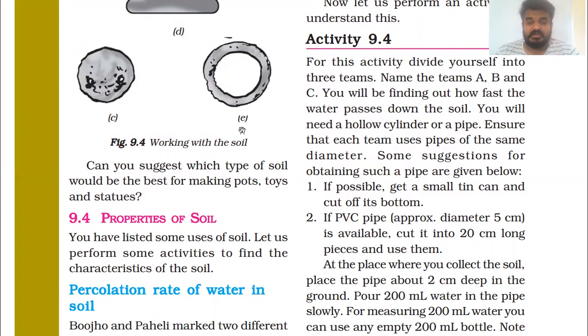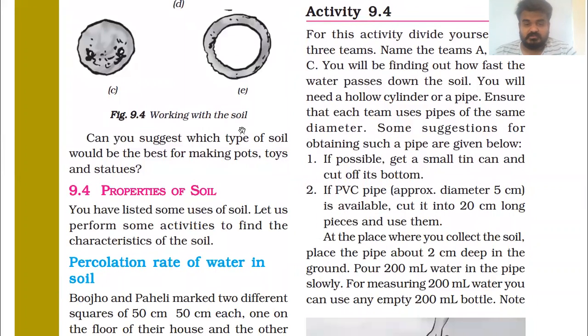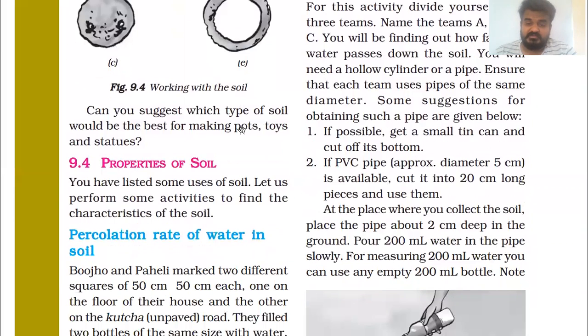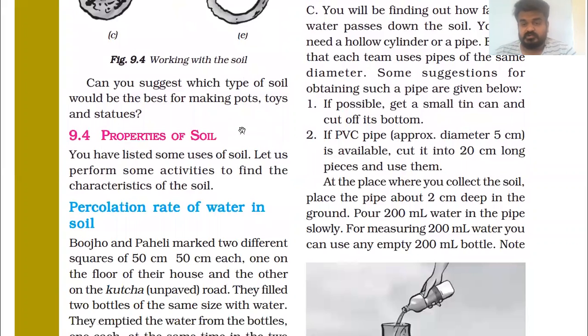At the place where you collect the soil, place the pipe about 2 centimeter deep in the ground. Pour 200 ml water in the pipe slowly, or gradually. For measuring 200 ml water, you can use any empty 200 ml bottle.